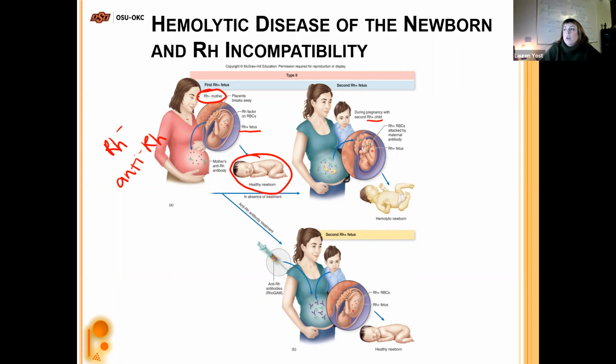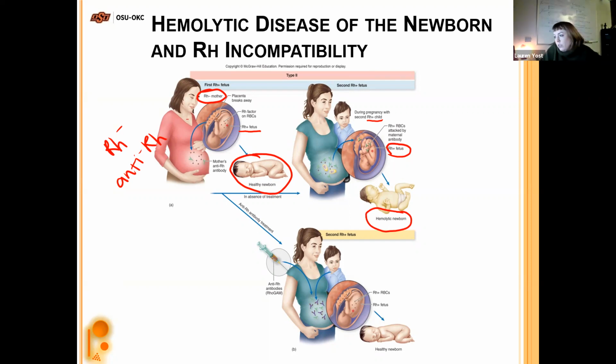Anyways, the anti-RH antibodies from the mommy are going to attack the RH positive fetus again. This is going to lead to a hemolytic newborn. This means that literally the mom's antibodies were attacking all of the red cells in the baby that she was carrying. This is often deadly to the fetus.